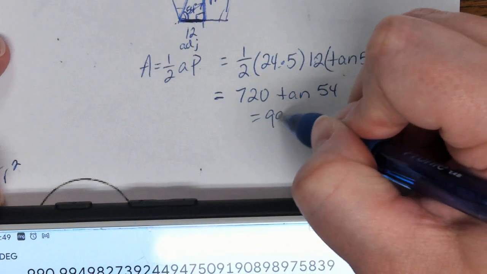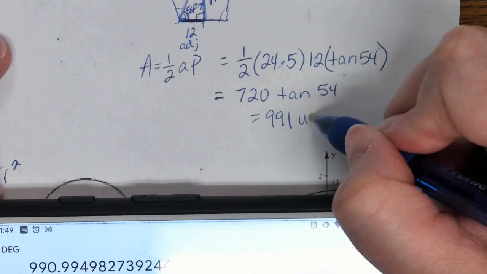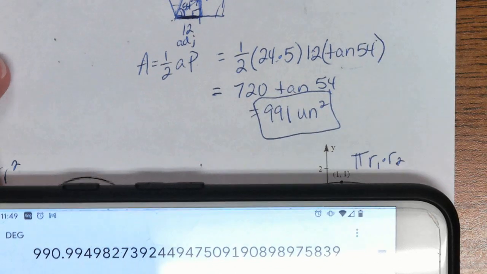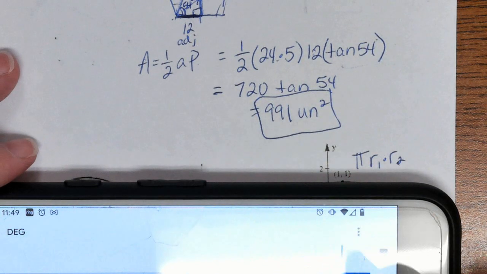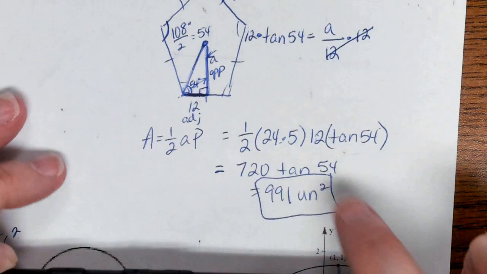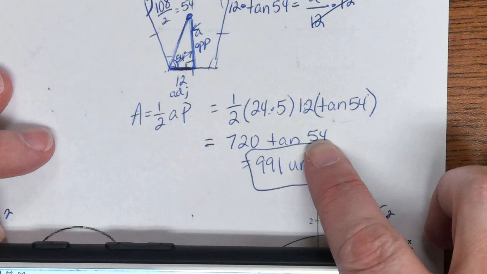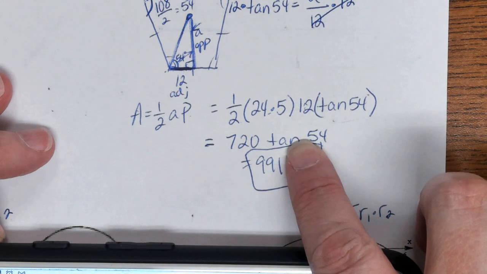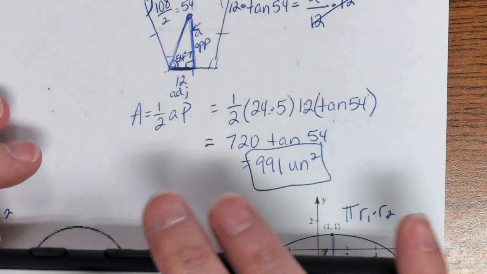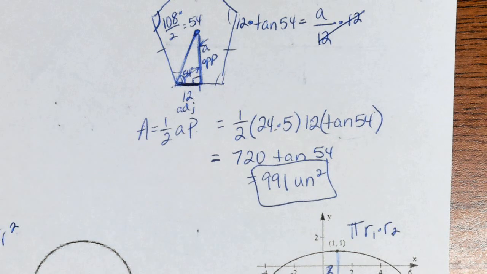So 991 units squared. Now, if you have an iPhone, remember what you have to do is first you type in 54, then tan, and then after you get that answer, you do times 720. You have to go backwards if you have an iPhone. But you should still get 991.